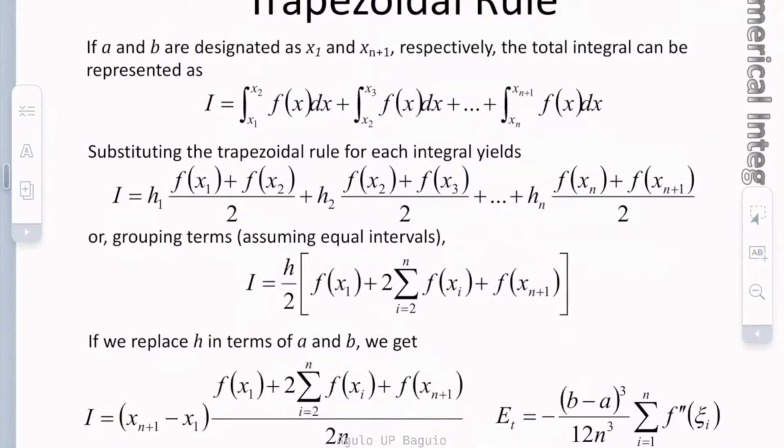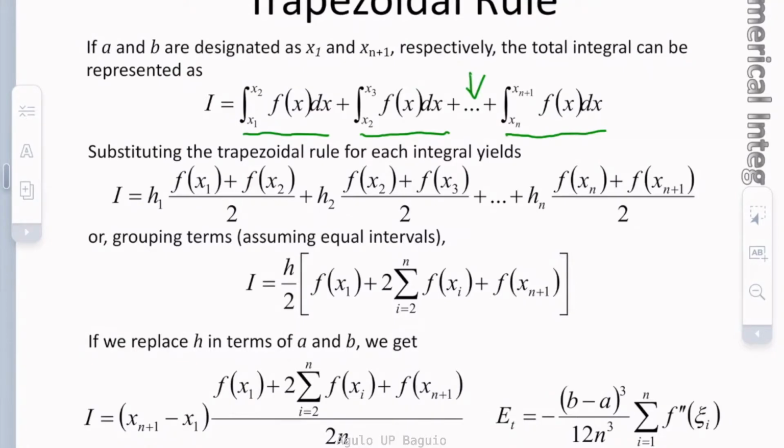If a and b are designated as x sub 1 and x sub n plus 1 respectively, the total integral can be represented as, so I equals the integral from x sub 1 to x sub 2 plus x sub 2 to x sub 3 plus the inner terms up to the integral from x sub n to x sub n plus 1.